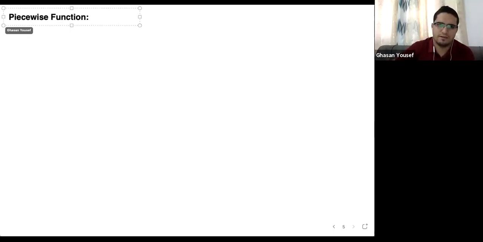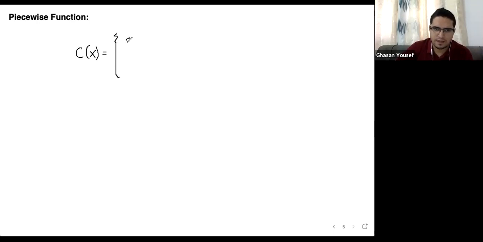Something like this: I have C of x equal to 39, and also 39 plus 15 times open parentheses x minus 2. The 39 is defined for x between 0 and 2, and the second rule will be defined for any x greater than 2.